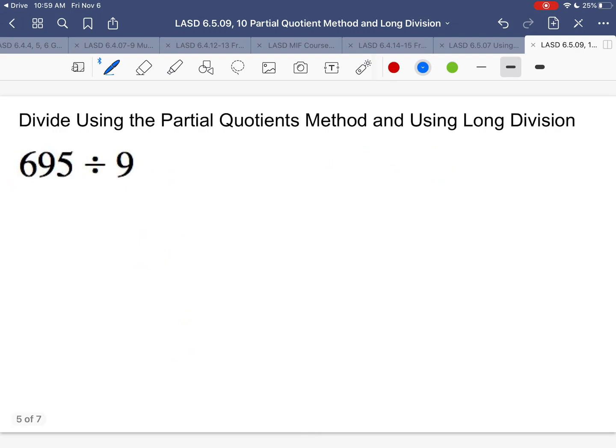Let's do one more. So let's do 695 divided by 9. So 9 into 695. And I can't say 9 times 100. That would be too much. So I'm going to say 9 times 50. 9 times 50 is 450.